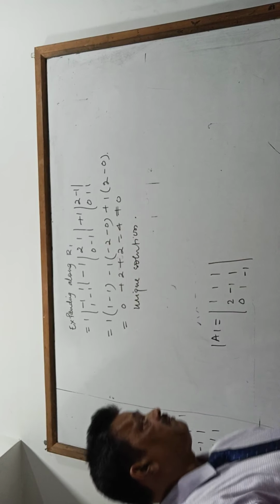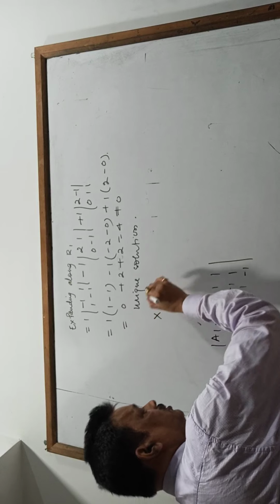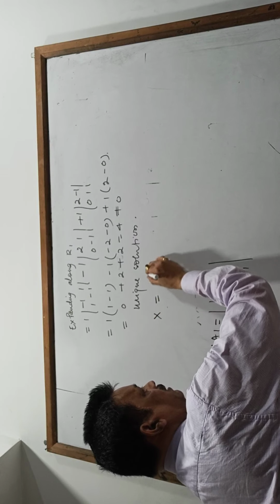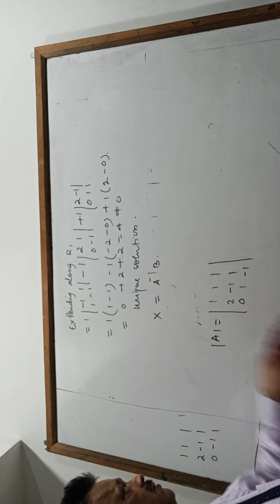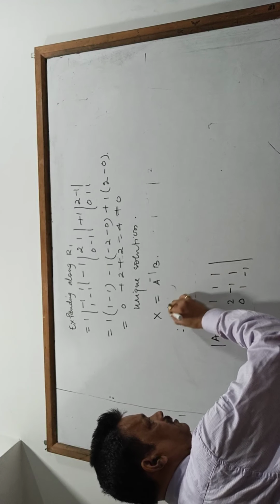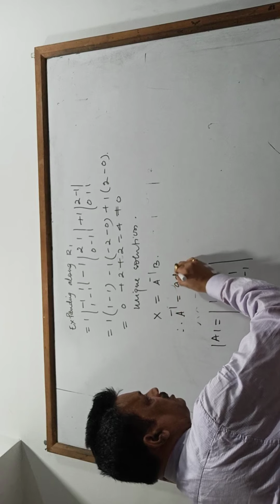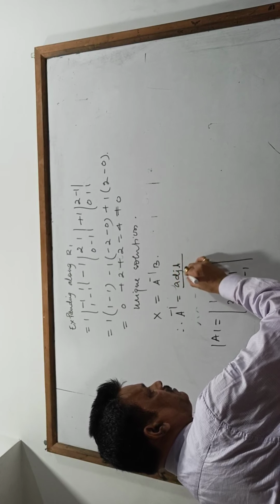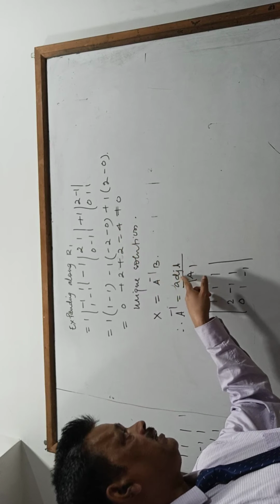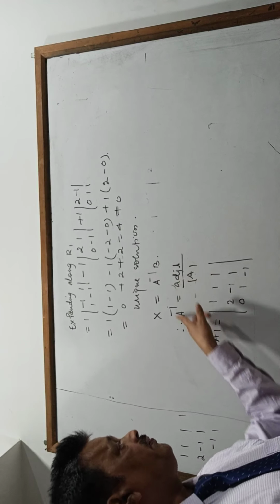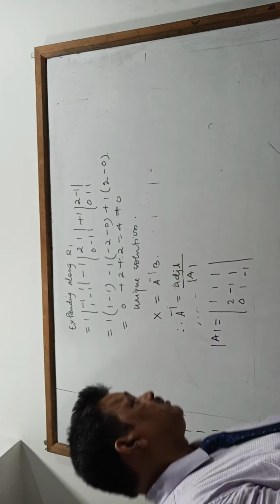The unique solution means X equals A inverse B. So what is A inverse? You have to find out. A inverse means adjoint of A by determinant of A. So determinant we have found out. We have to find adjoint. Adjoint means cofactors you have to find out. So how to find cofactor?